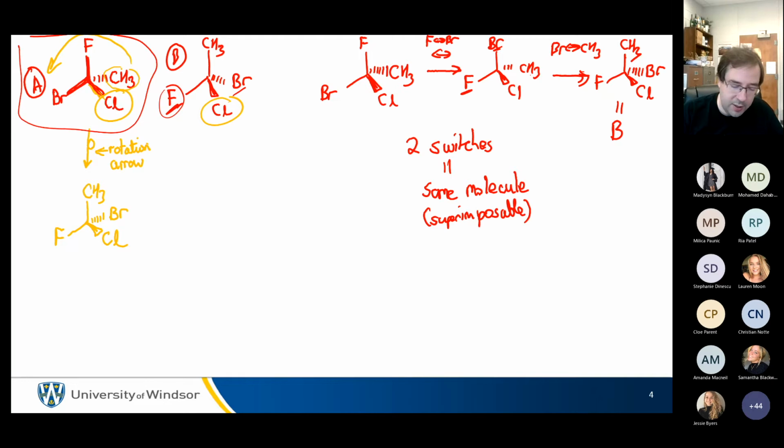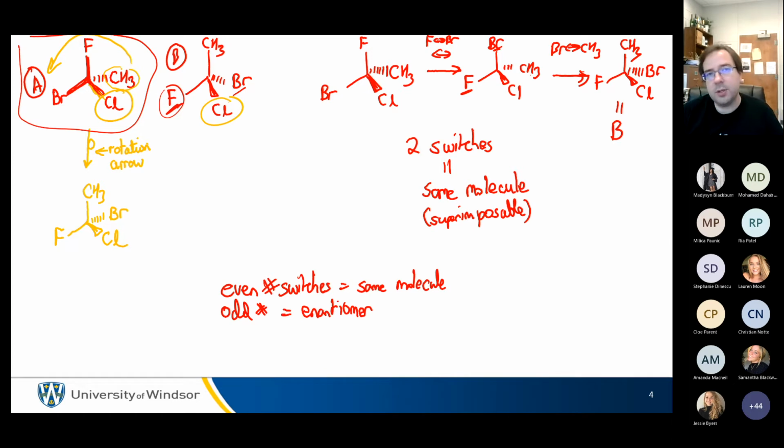So what we can say here is even number of switches equals same molecule. Odd number equals enantiomer. This always works. This is just a truism.